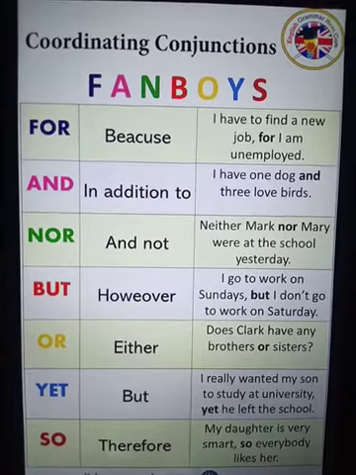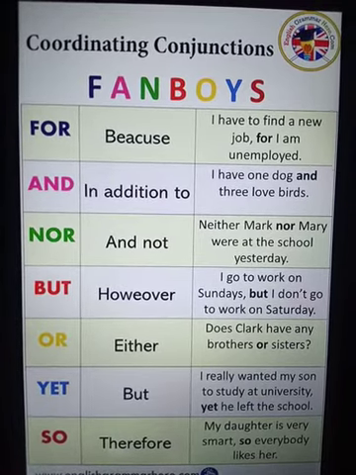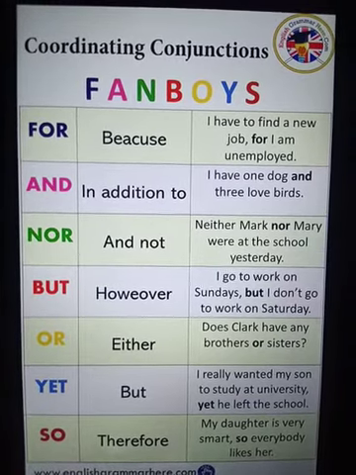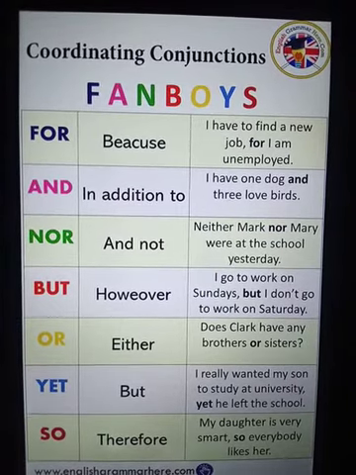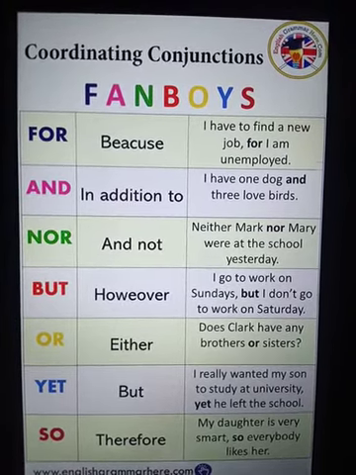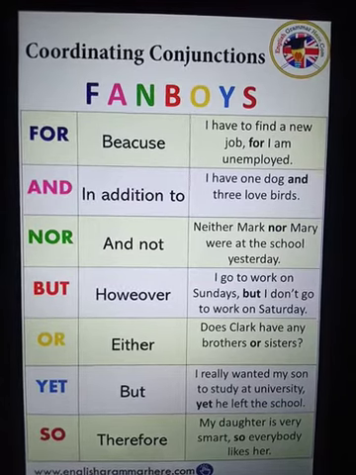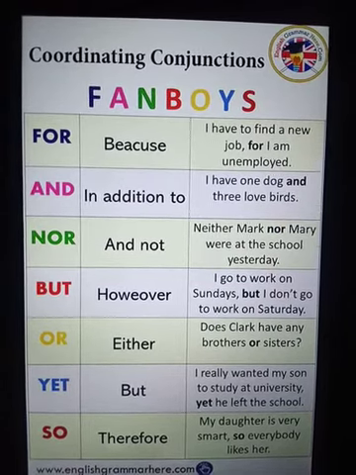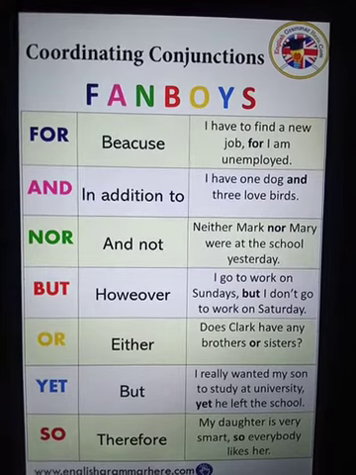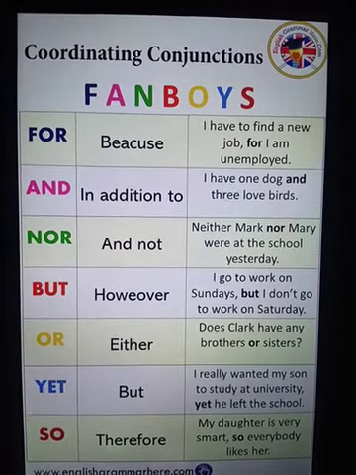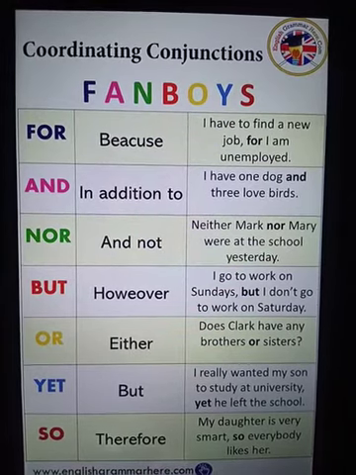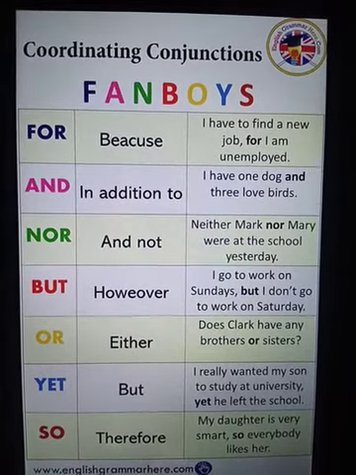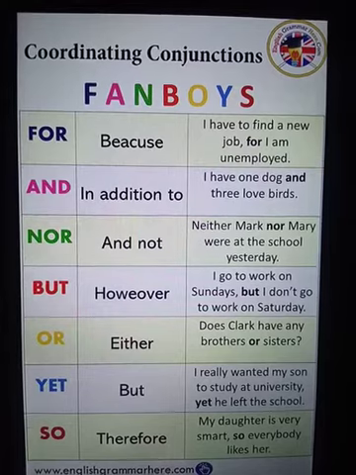Second is and. And, children, connects or adds one thing to another. For example, I have one dog and three lovebirds. So this is connecting the two things. You also say it like this: when we were in very lower classes, we used to study, Ram is a good boy, Lakshman is a good boy.